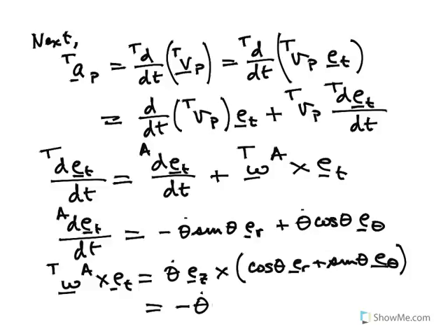So I get minus theta dot sine theta e_r plus theta dot cosine theta e_theta. So you see that these two terms in the transport theorem actually give me the exact same result. Let's write this a little differently. Suppose I factor theta dot out of the first term.